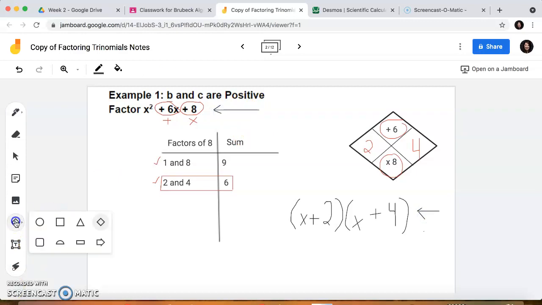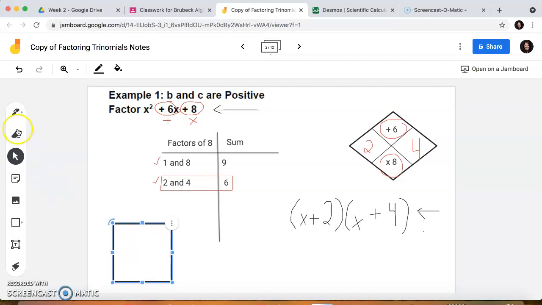If I do the box method, which we've already learned how to do, and I draw my line here and I draw my line here, and let's use my factors, my x plus 2 and then my x plus 4. And then let's multiply it.